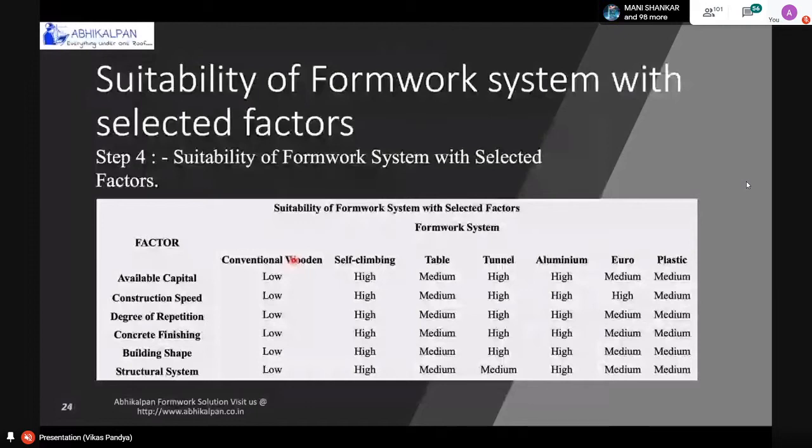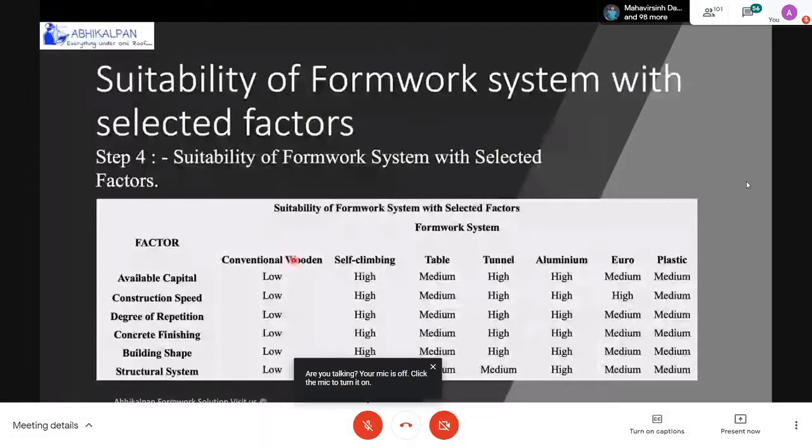After finalization of this table, we processed the entire data, and then we made this table into an output variable, a formwork selection model, a tabular model. In this table, one axis is the different formwork systems, and on the other axis we have considered the attributes of the formwork system.